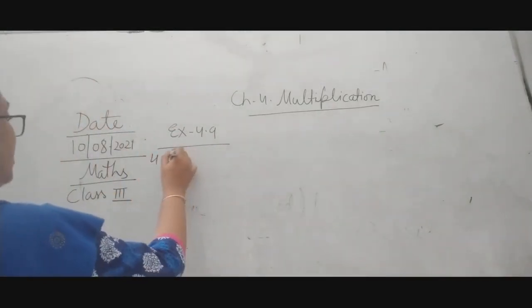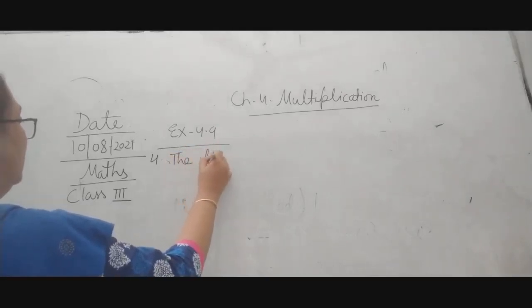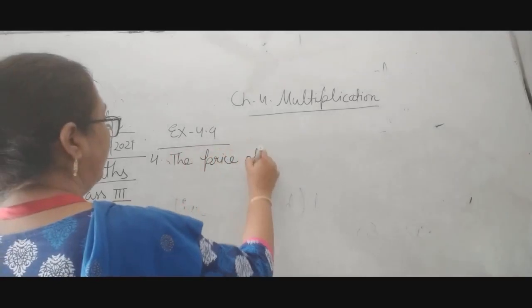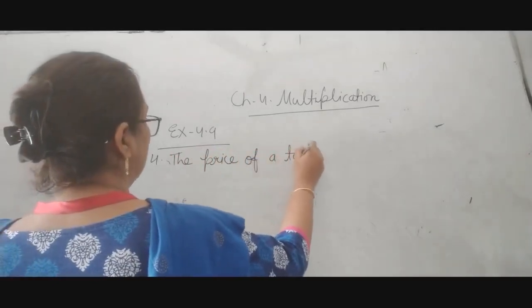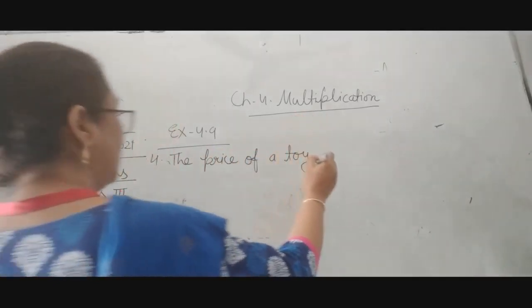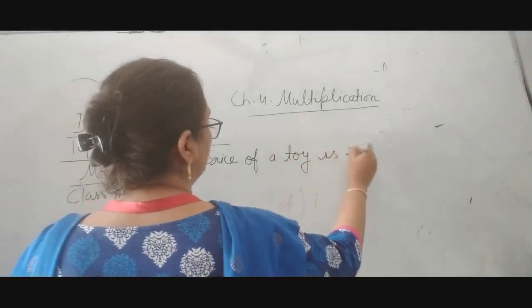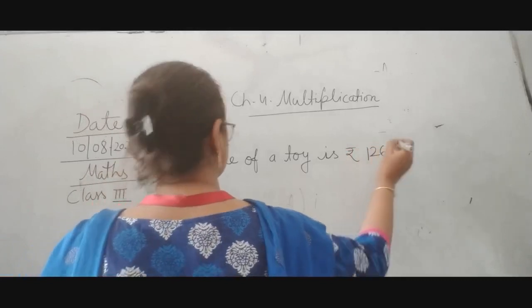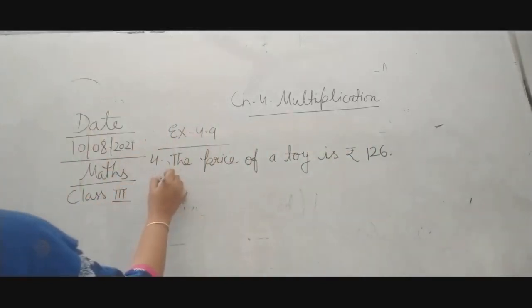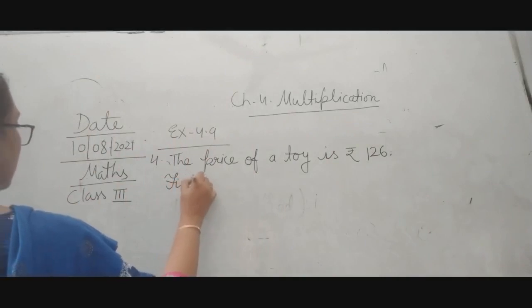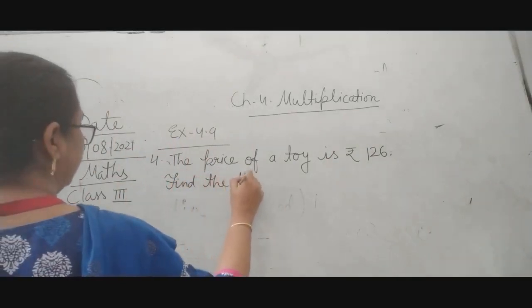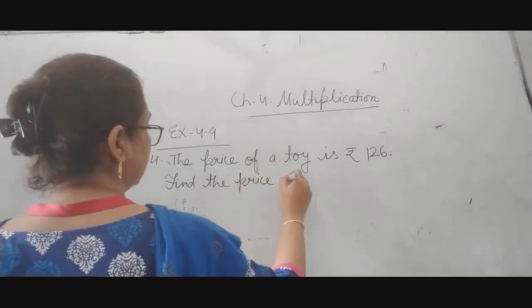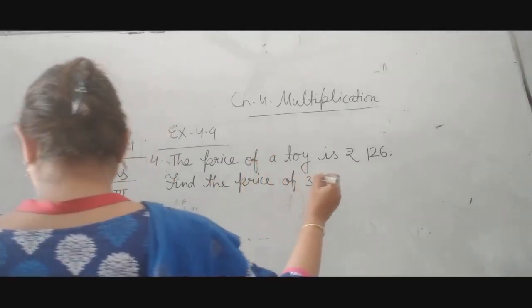The price of a toy is rupees 126. Find the price of 36 such toys.